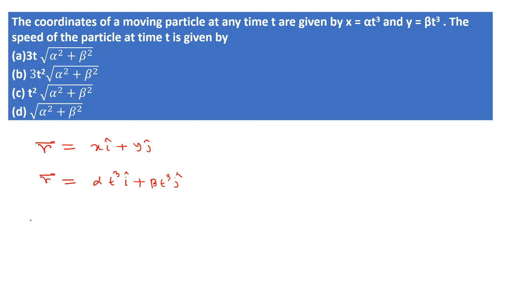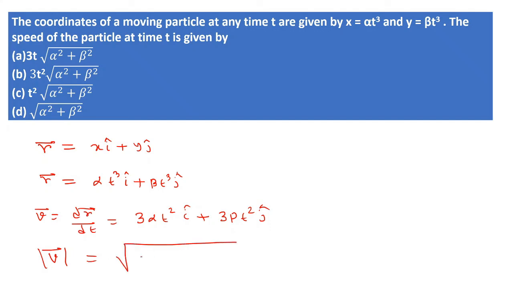What is the speed here? dr by dt. If I make the differentiation, it will be 3 alpha t square i cap plus 3 beta t square j cap. Now we have to find out the speed, so we have to take the magnitude.